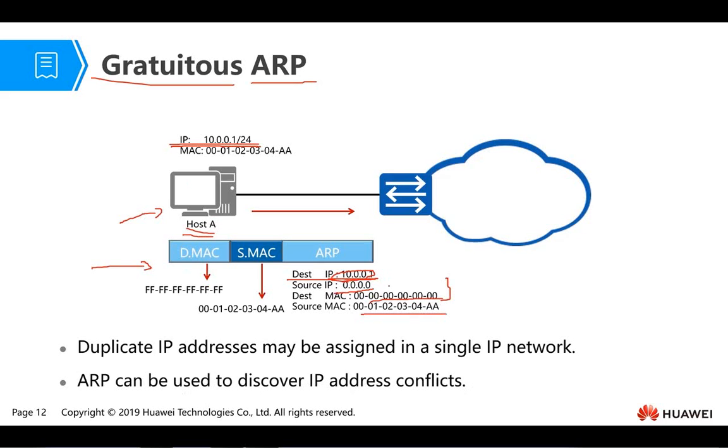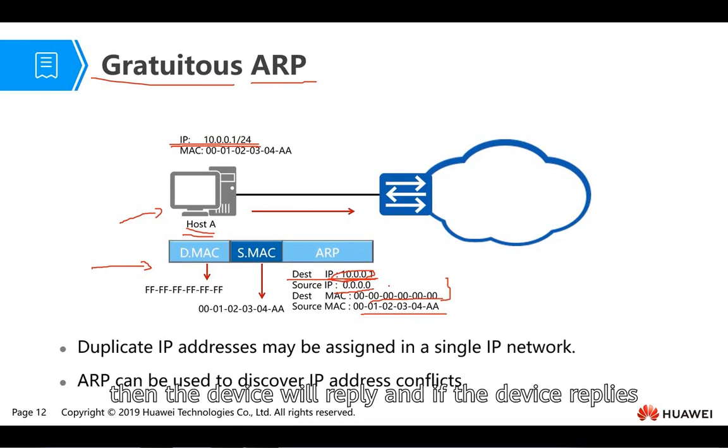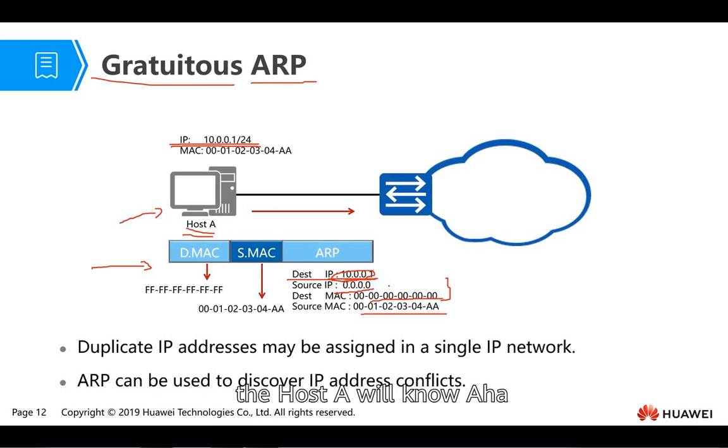If another device uses this IP address, then this device will reply. If there is a reply, then host A will know there is another device using this IP address. So the IP address is in collision, so I cannot use it again.